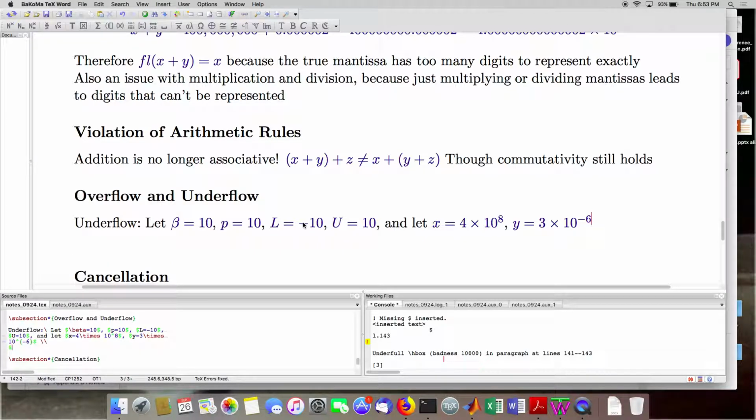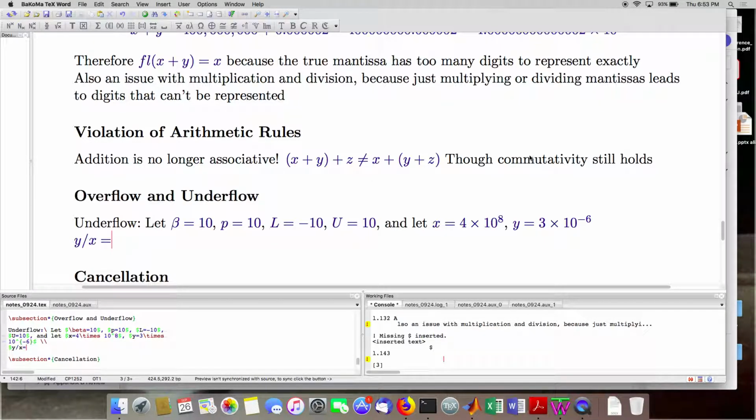So if we look at y over x, that's going to be 3 times 10 to the minus 6 divided by 4 times 10 to the 8th. That's going to be 7.5 times, so I have 10 to the minus 6 divided by 10 to the 8th, which is 10 to the minus 14th.